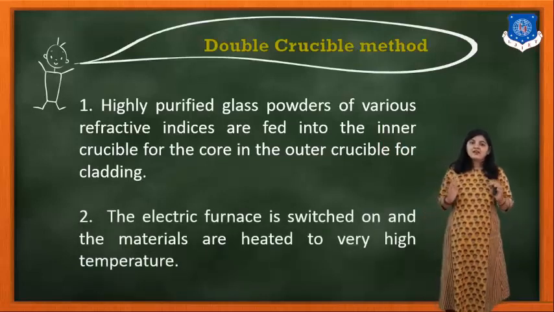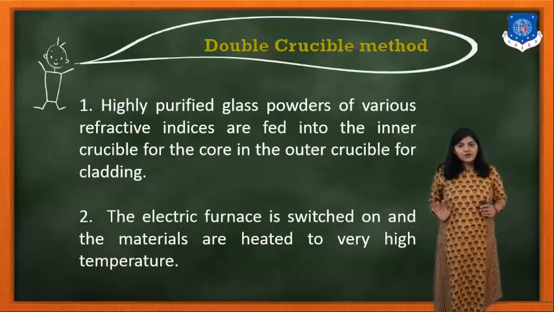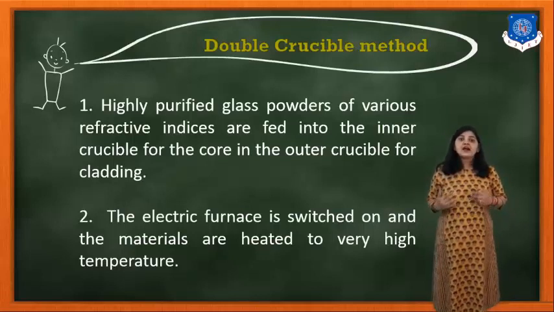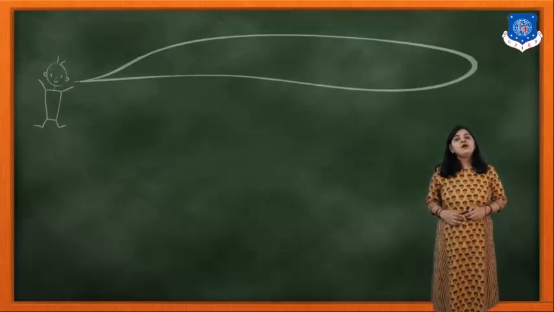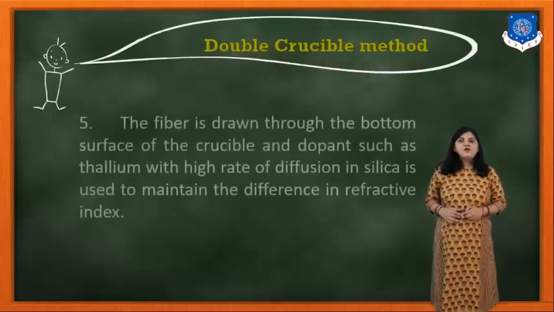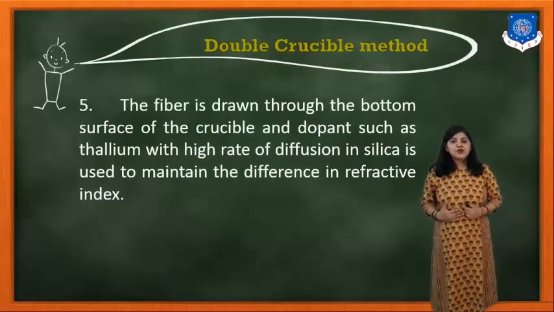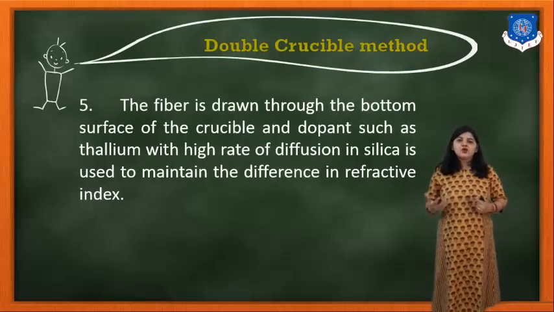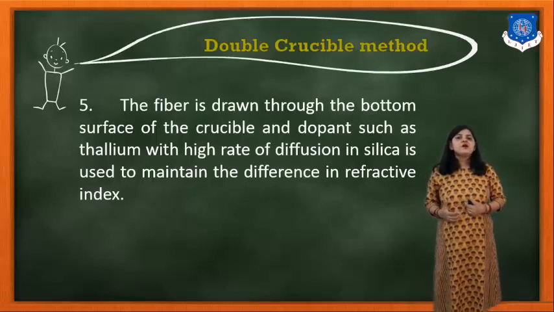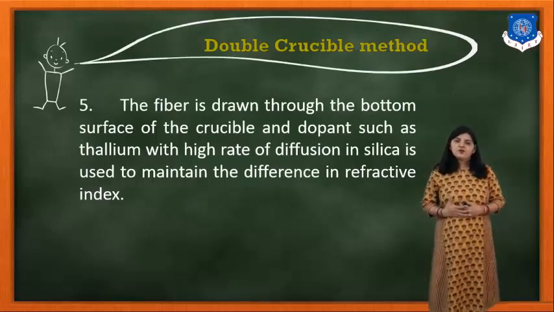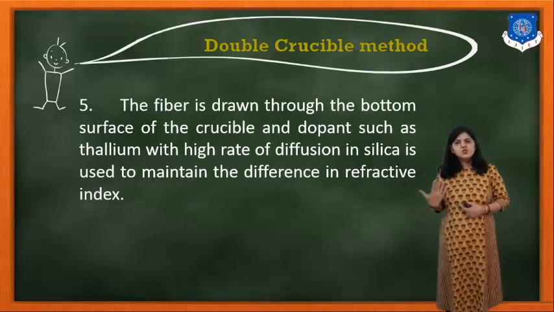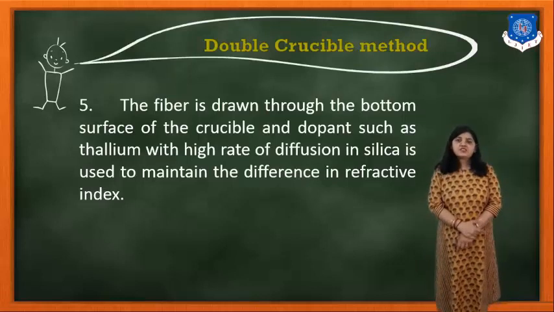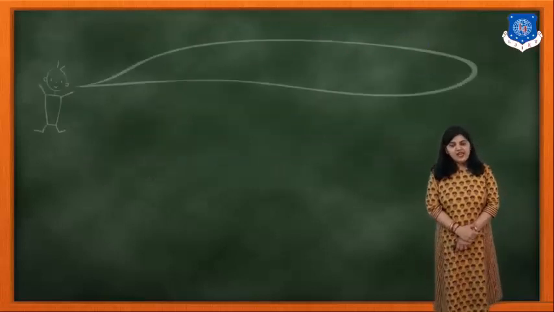Then the electric furnace is switched on and the materials are heated to very high temperature. Now the fiber is drawn through the bottom surface of the crucible, and a dopant such as thallium, with a high rate of diffusion in silica, is used to maintain the difference in the refractive index.